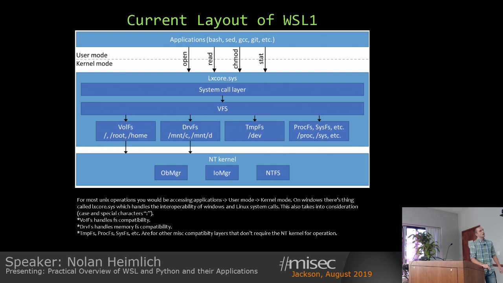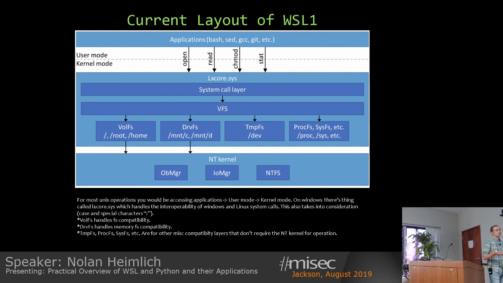So the system call layer goes to the VFS, and the VFS is actually just those 4 blocks underneath. So the VolFs is all of the file system compatibility. Any files that are being changed physically on the machine, that handles that.